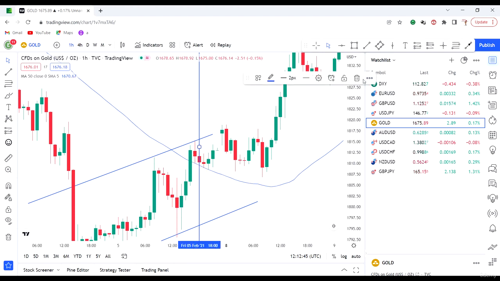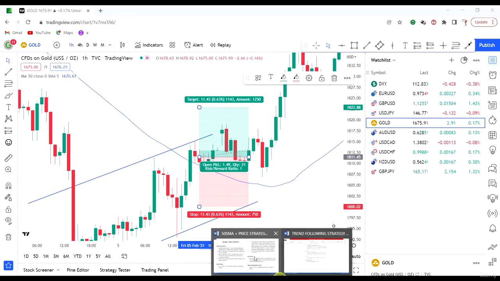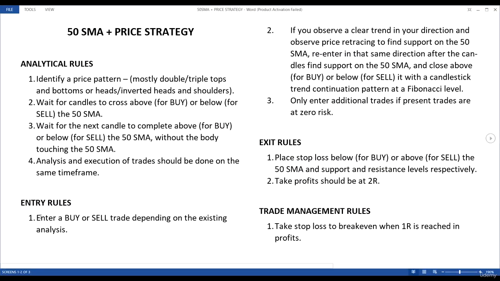All right. So now we take this tool and then just enter a position. So it means we'll have entered a position at this point, right? The next rule, which is our entry rule, is to enter a buy or sell position depending on the analysis, and depending on our analysis, we are entering a buy position. Now, what about stop loss?